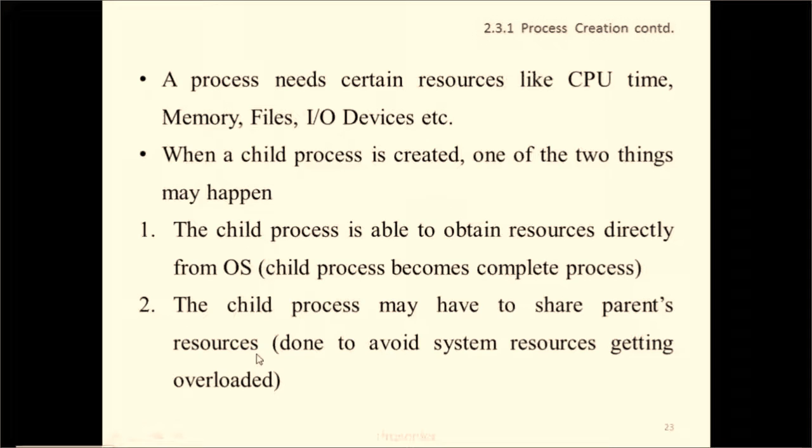Now this is done to avoid system resources getting overloaded. Obviously, by keeping the bonding between child and parent and asking them to share the resources, the operating system is trying to reduce the number of processes which are competing for the system resources.